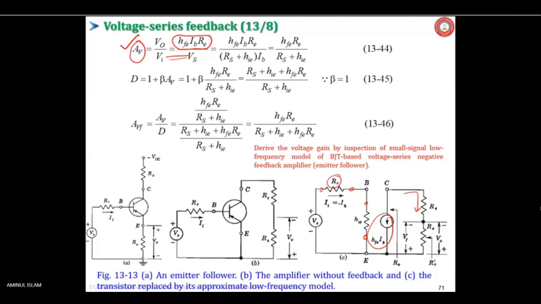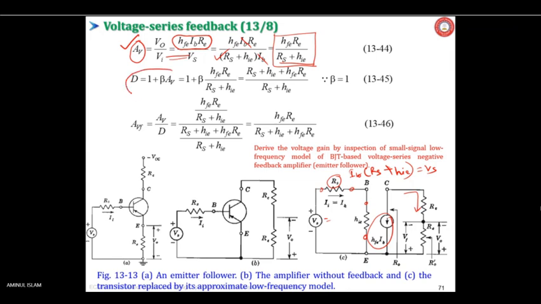So taking IB, we get IB into RS plus HIE. This is the voltage actually equal to VS, right? So putting this in place of VS, we see that this gets cancelled. So HFE RE by RS plus HIE is the voltage gain, including the load resistance RE into account.